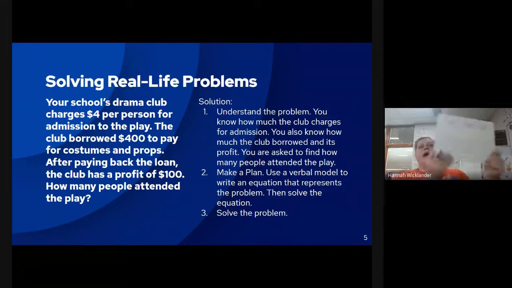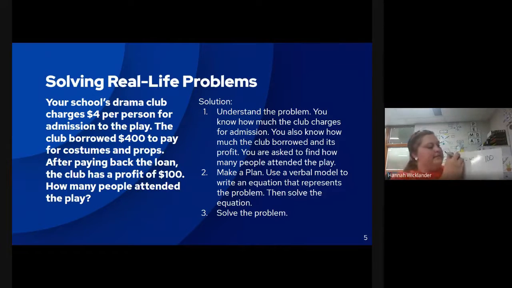Okay, now it's a two-step equation and I'm going to solve. The 4 times x can be written as 4x because we're multiplying them together. So now it's just a simple two-step equation.